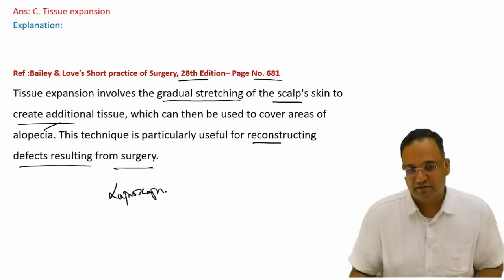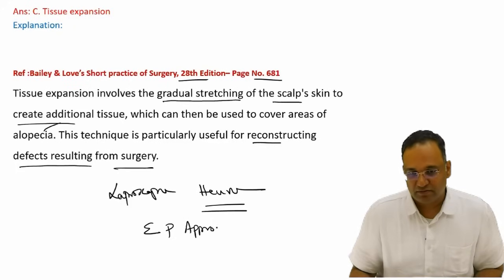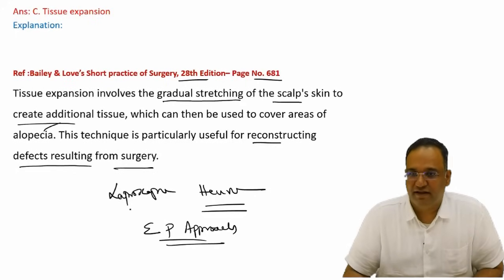Laparoscopic hernia surgeries, especially the extraperitoneal approach. Between the transversalis fascia and the anterior abdominal muscles, external oblique, internal oblique, transverse abdominis, you create a space and keep a mesh.